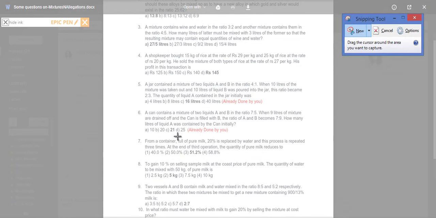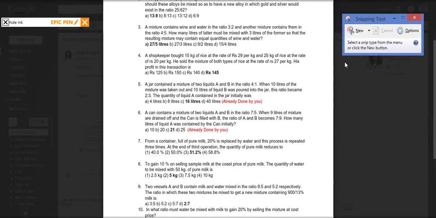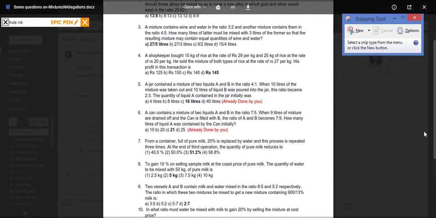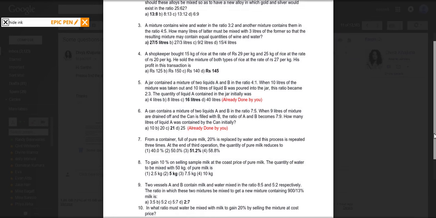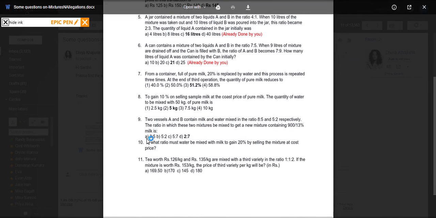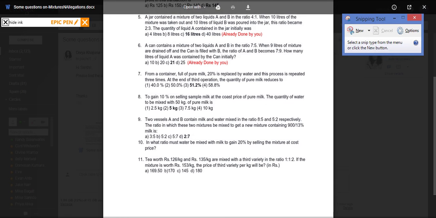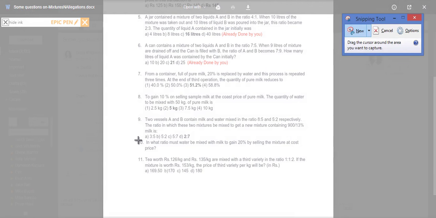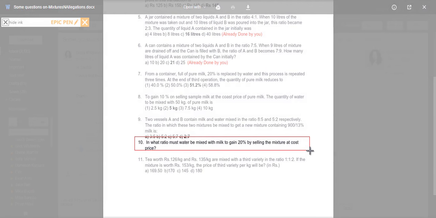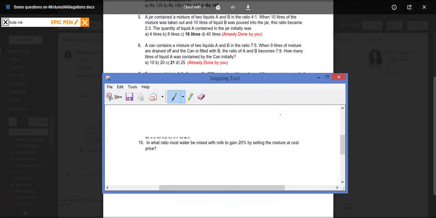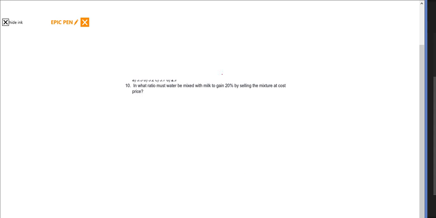Let's go to question number 10. In what ratio must water be mixed with milk to gain 20% by selling the mixture at cost price?